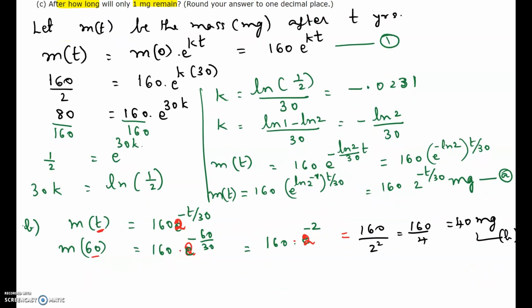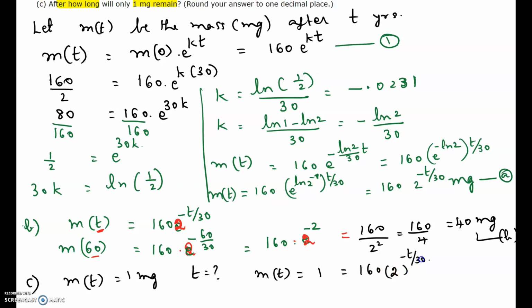Then part C asks after how long only 1 mg will remain. So m of t equals 1 mg, and we have to find t. Using the model from part A, 1 mg equals 160 times 2 to the exponent negative t over 30.